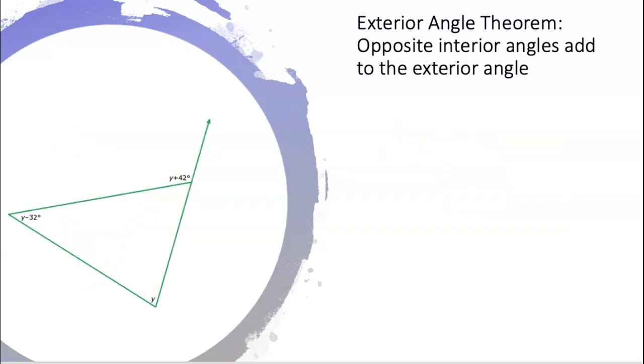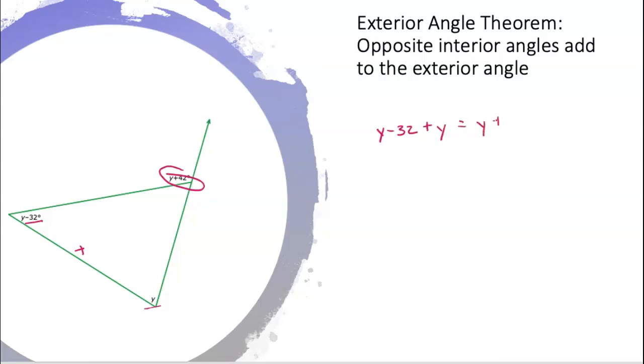How about this one? Where's my outside? Well, my outside is where the tail is, so it's over here, and that was y plus 42. And then my inside is y minus 32, and I'm going to add that to this other y. So, okay, y minus 32 plus the y is going to equal the outside.